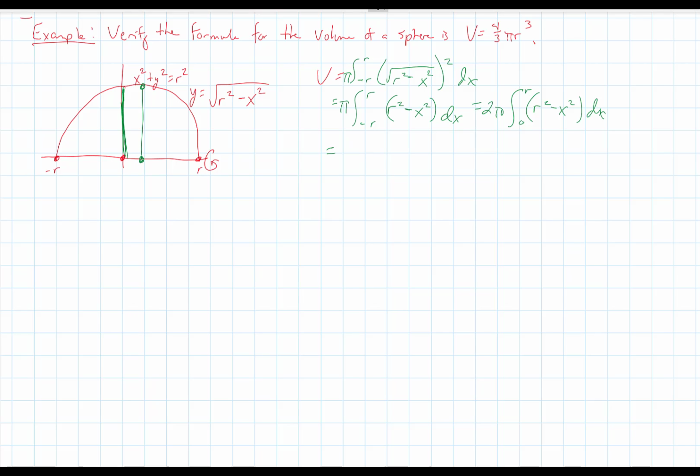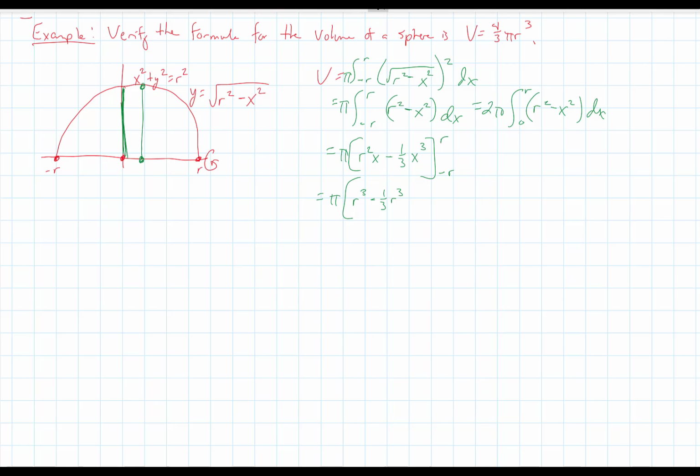So I'll do it first using the negative r to r. So that's pi times my antiderivative of r squared minus x squared with respect to x, which is r squared x minus 1/3 x cubed. And that's going to be evaluated from negative r to r. So that's pi times, when I plug in r, I get r cubed minus 1/3 r cubed.